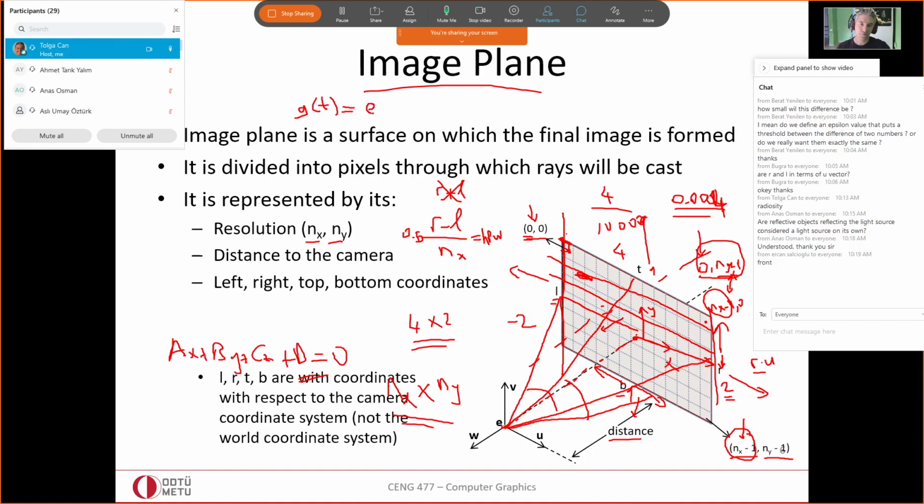G(t) is equal to E plus minus W t. Actually, let me multiply minus W with distance as well, because minus W is a unit vector.